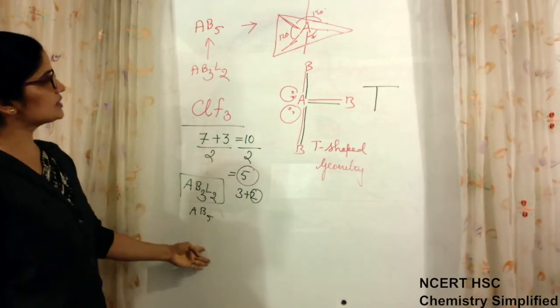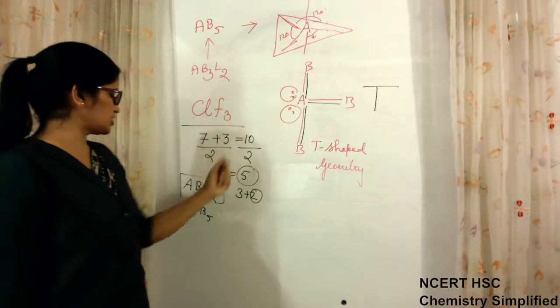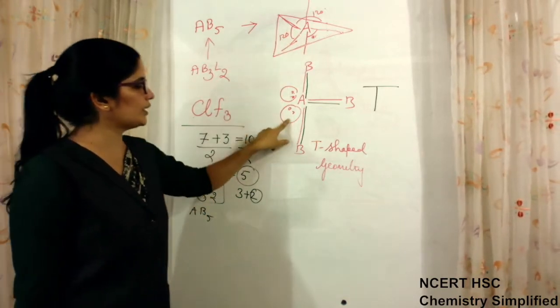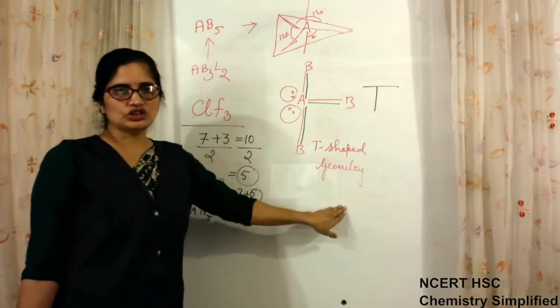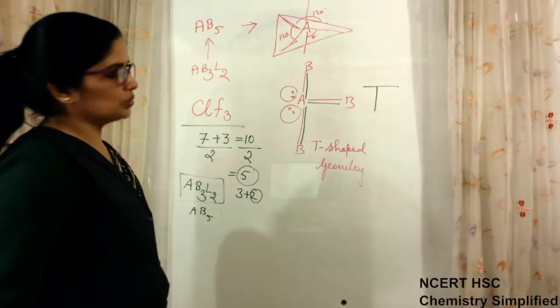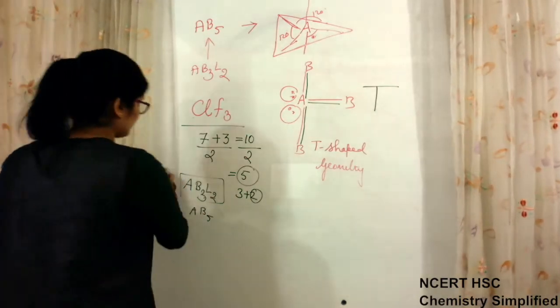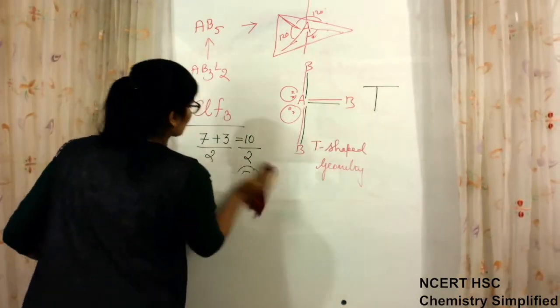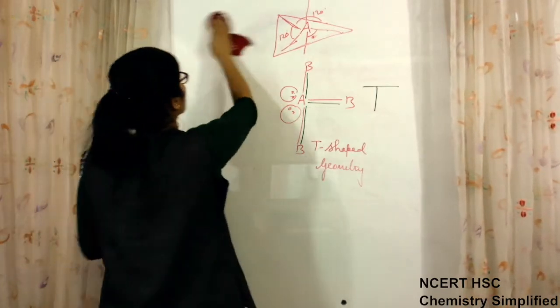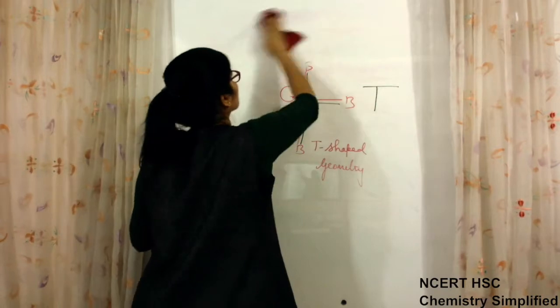If AB5 is there, geometry should be this, but it is not AB5. So 2 of the bond pairs will be replaced by lone pairs and geometry will become T-shaped. Clear? So this is about the distortion of AB5. Now we come to the last distortion.